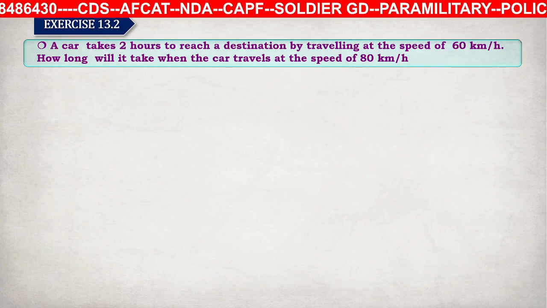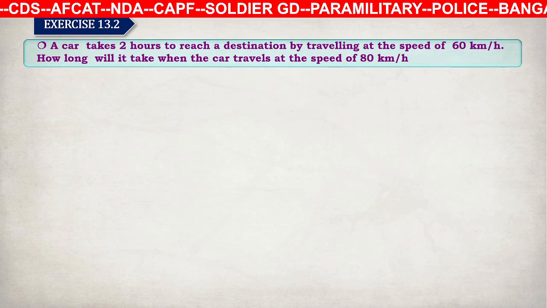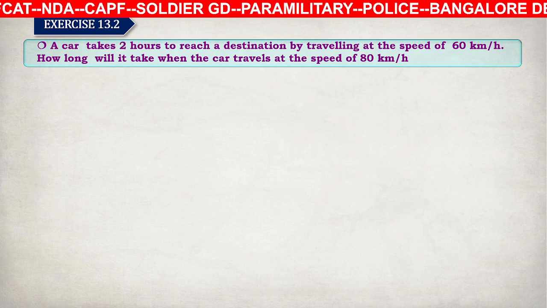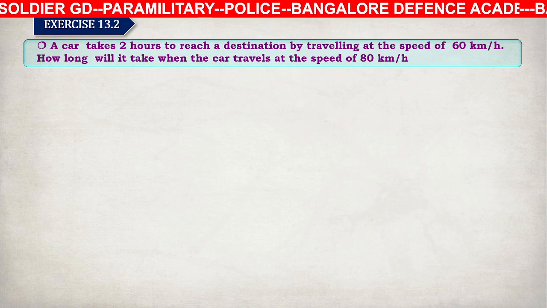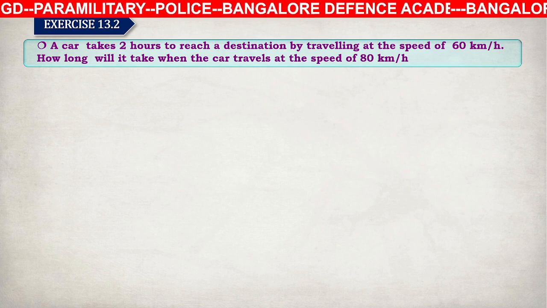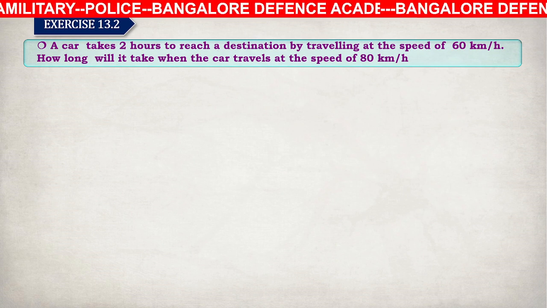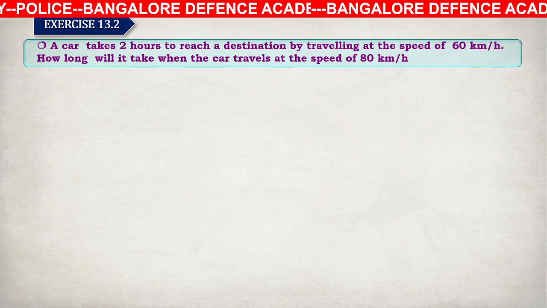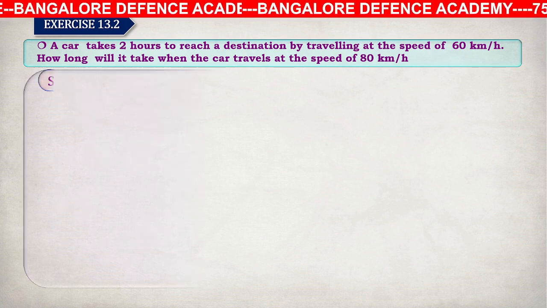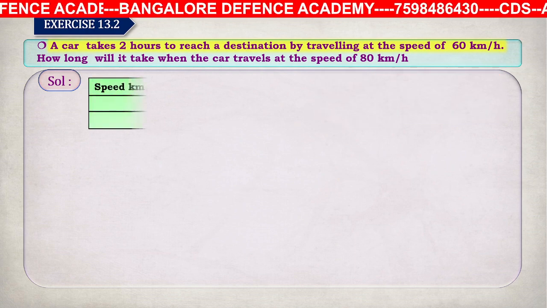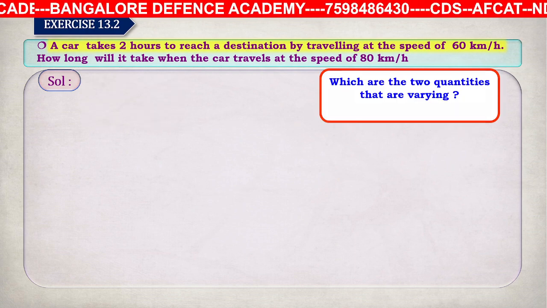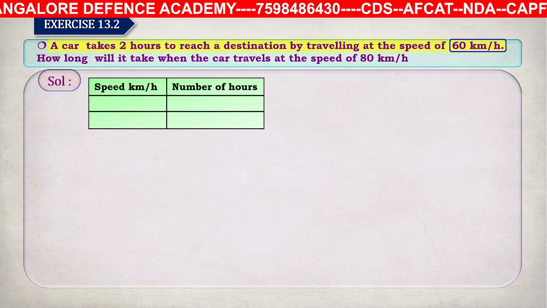Next. A car takes 2 hours to reach a destination by traveling at the speed of 60 km per hour. So I'm comparing time and speed. How long will it take when the car travels at the speed of 80 km per hour? That means I'm increasing the speed, so definitely the time taken will be less. I write speed and number of hours.